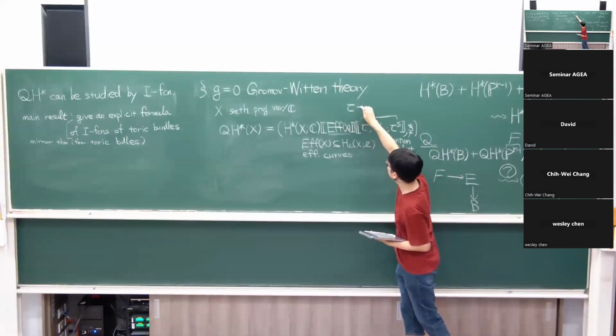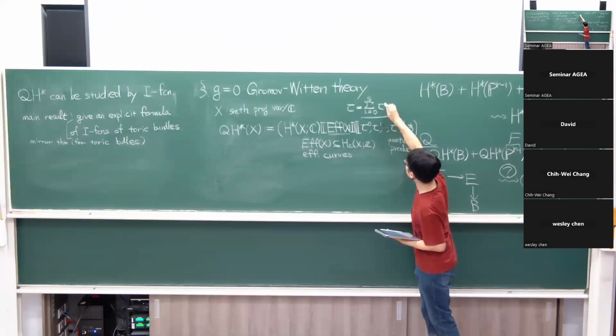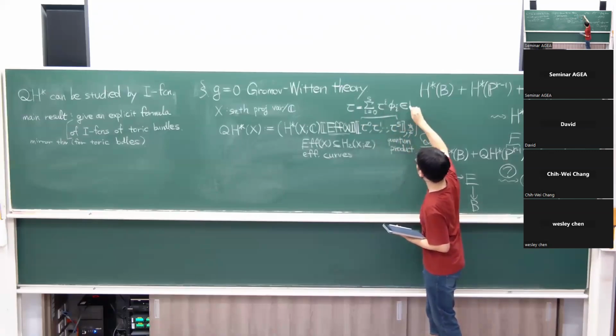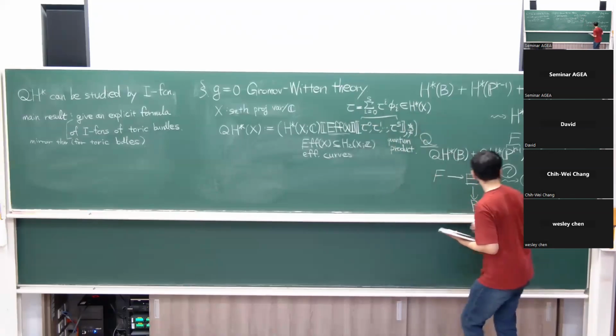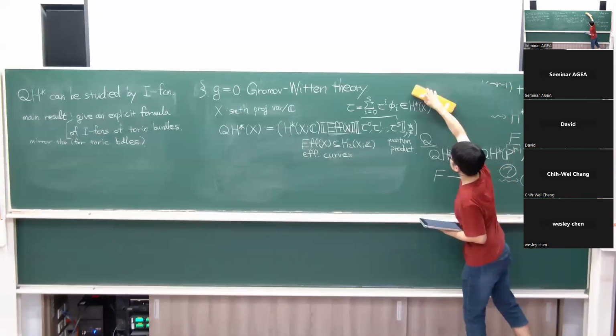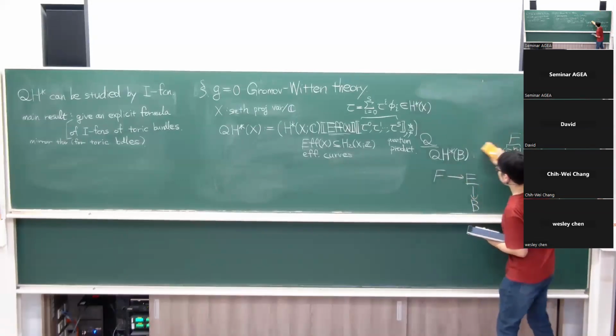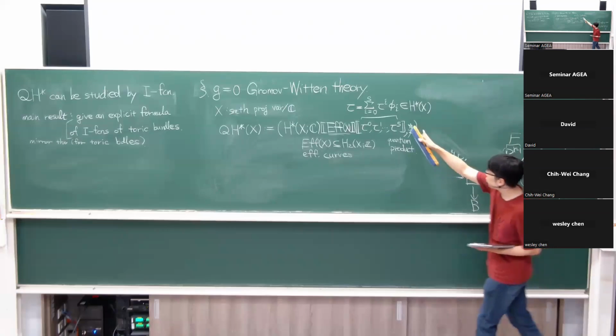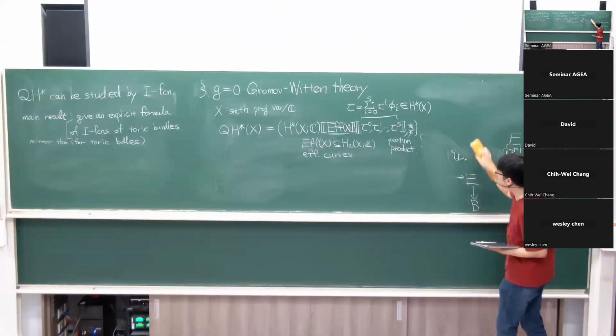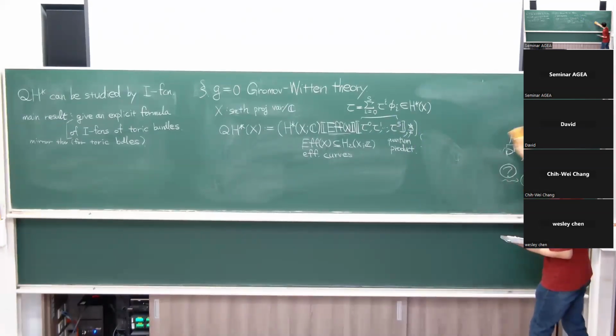Here phi zero, phi one, phi two are a basis of usual cohomology.